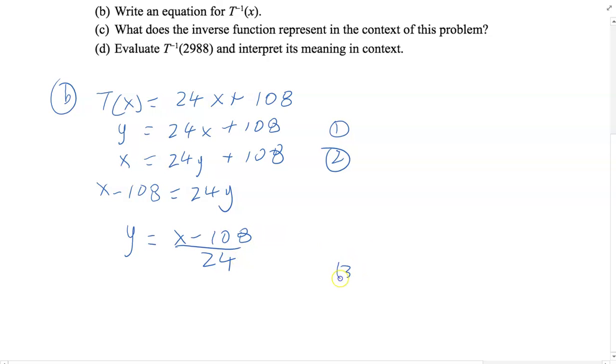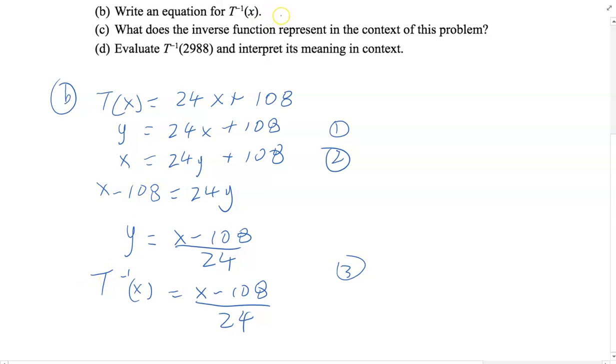And the next step, we will replace y with f inverse of x. F inverse of x would be x minus 108 over 24, which is really, because we're using T, we should write T inverse of x.